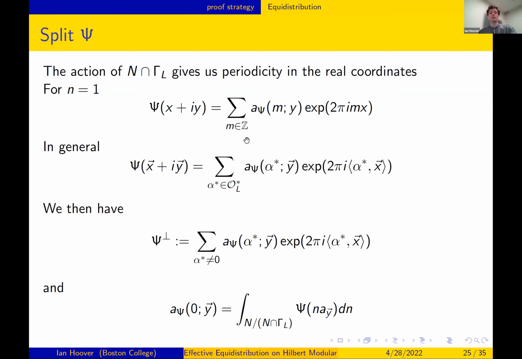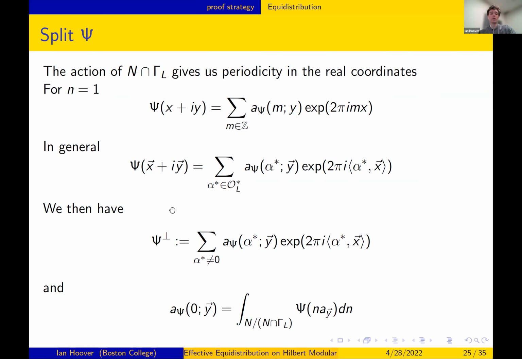And so in the n=1 case, this is a one-dimensional Fourier series. In the general n case, we have an n-dimensional Fourier series. And I'm using stars here to indicate elements of the dual lattice to the number ring. Right? But it's the same idea.